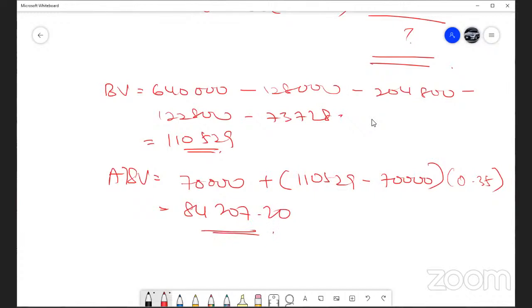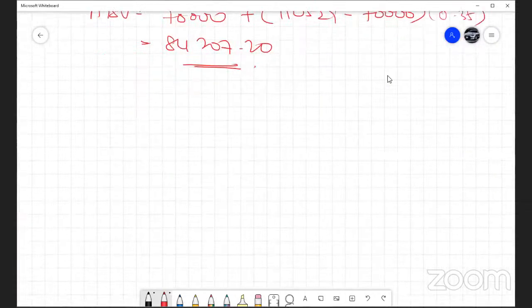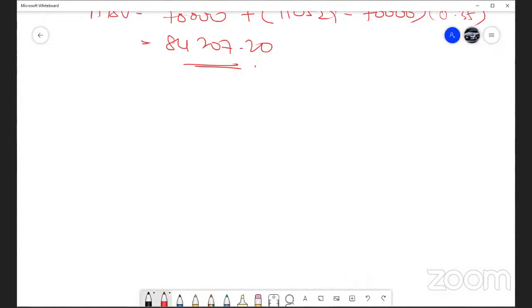Next is calculating your operating cash flow. Your OCF will be equal to, so basically, buying a new machine is estimated to result in pre-tax cost savings.